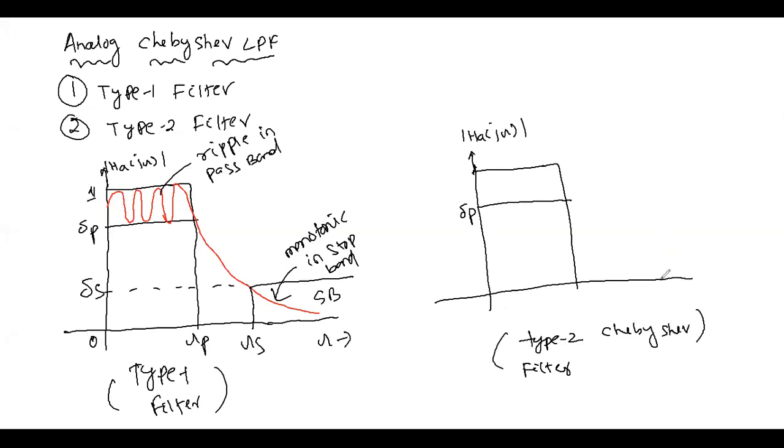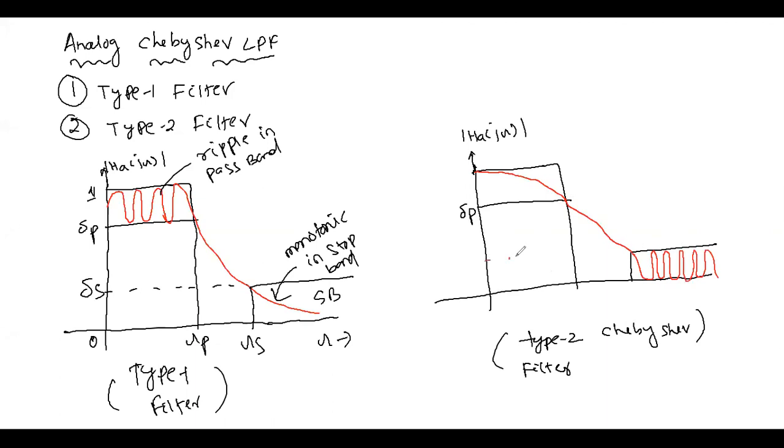Opposite means what? It's monotonic in the pass band and ripple in the stop band. I will show you. See, it is a monotonic nature in the pass band, means monotonic decreasing in the pass band, and ripples in the stop band. Okay, see.